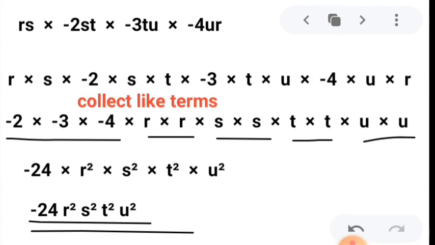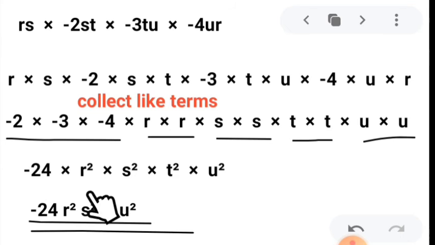Now we have another expression, rs times minus 2st times minus 3tu times minus 4ur. So we expand as we have already seen, and we collect like terms. After collecting like terms, we multiply it out. We multiply minus 2 times minus 3 times minus 4, we get minus 24.